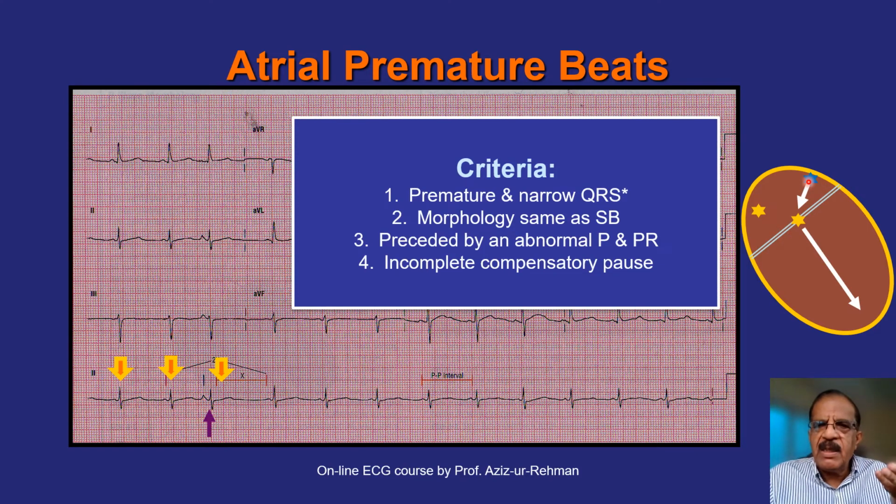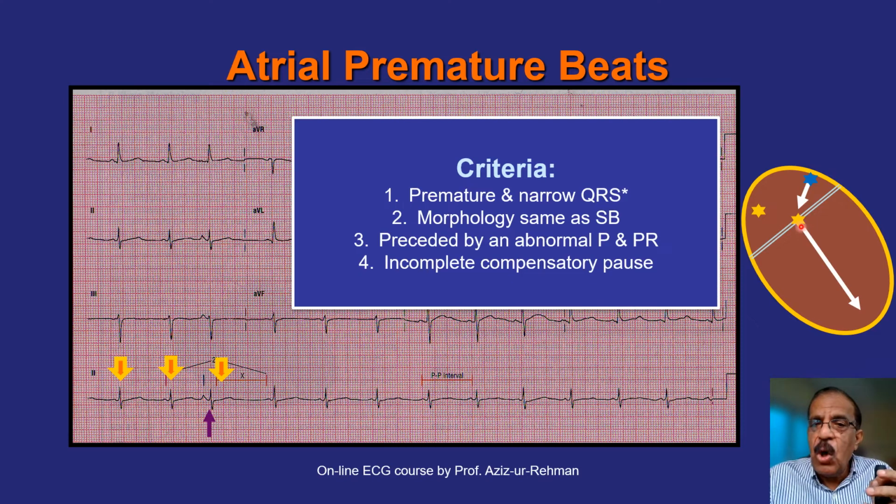In case of ectopic, just assume that this is the ectopic focus. An ectopic current started from here before the next SA node activity was expected. This has depolarized the atria in a different direction. The current is flowing this way. So that is why the P wave morphology is different. And the distance between this ectopic and the AV node may be different than the distance between the normal SA node and the AV node. So the PR interval may be different or may be the same.